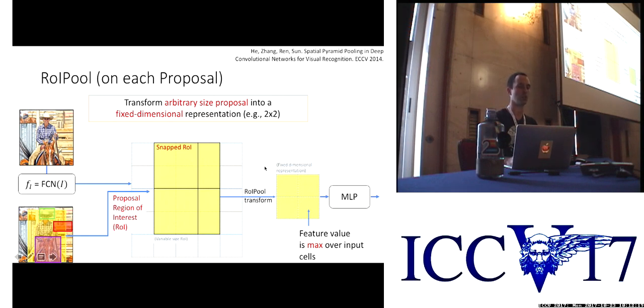Say that we want to get a 2x2 feature representation out of this, then for each one of these bins in the output, you go back to the corresponding bin in the input and do max pooling over the elements in that bin. And then this produces a fixed size representation which can be subsequently processed by, for example, a multi-layer perceptron.